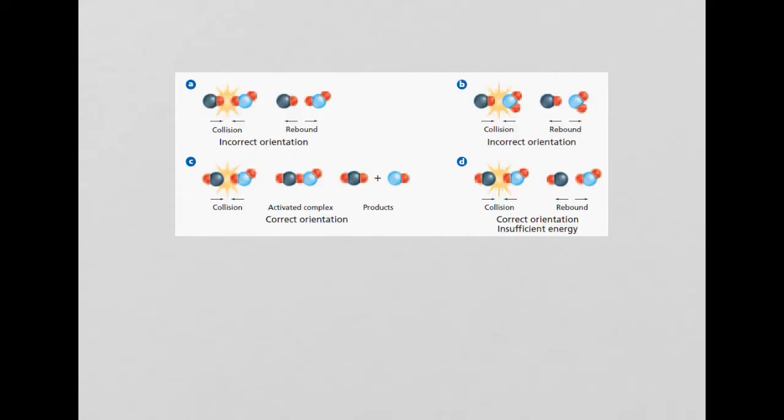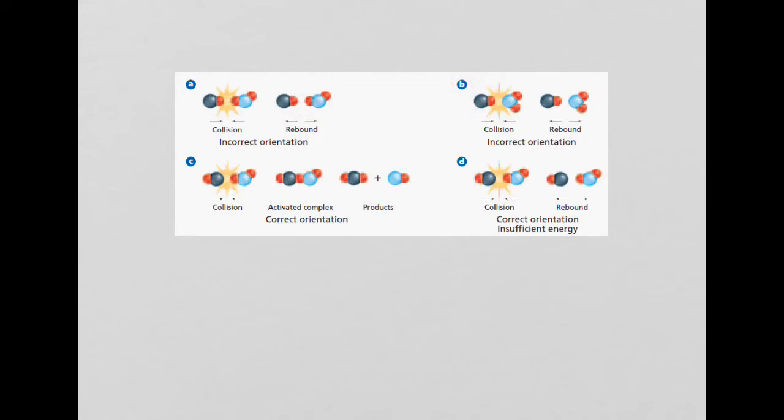Let's revisit something from yesterday where we were talking about this concept of collision theory. There are two things that I want to make sure that we point out here. For example, let's take a look at what's going on here with A and B. You can see in this situation here, we have the two red parts of the molecule that are smashing together. As a result, there will be no combination, so no reaction will occur because the orientation is off.